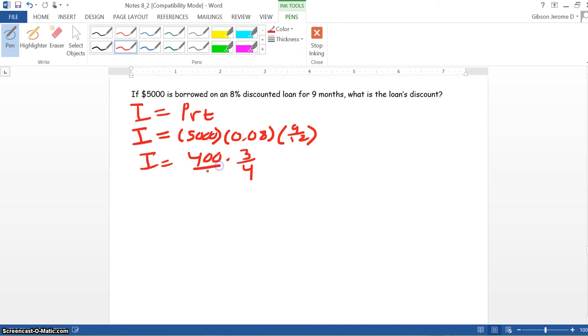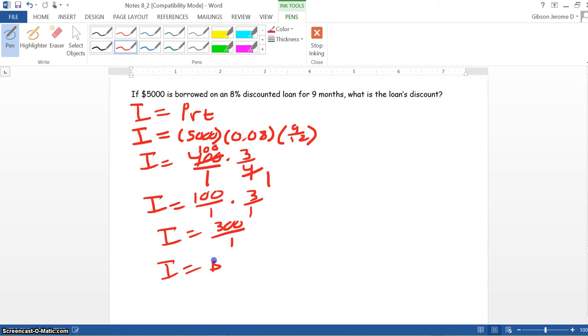So now we'll put this 400 over 1, and our interest is equal to, we can do some cross simplifying. 4 goes into 4 once, 4 goes into 400 100 times. So it'll be 100 over 1 times 3 over 1, which would give us 300 over 1, which is $300.